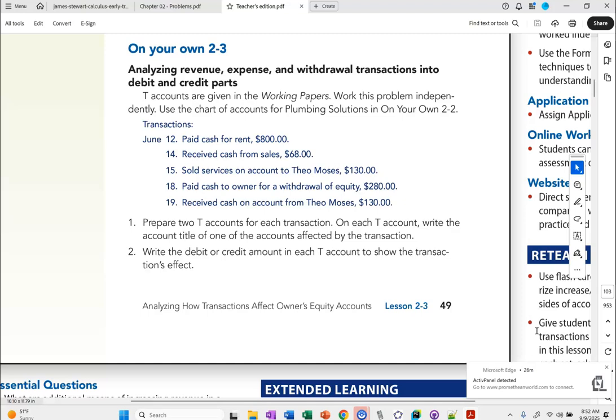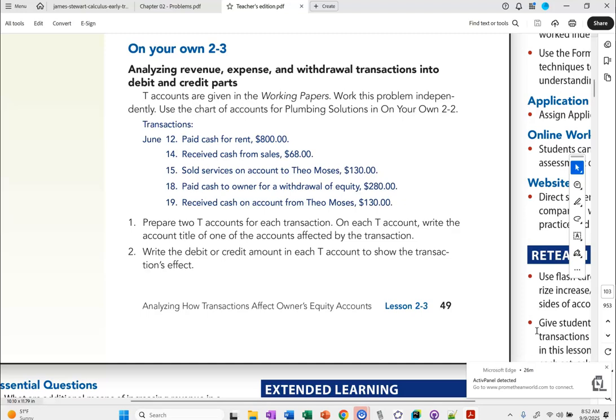June 14th, cash is a debit. Sales is a credit. June 15th, accounts receivable is a debit. Sales is a credit. June 18th, drawing is a debit. Cash is a credit. June 19th, cash is a debit. Accounts receivable is a credit.